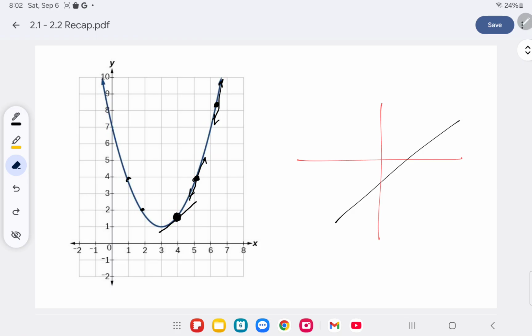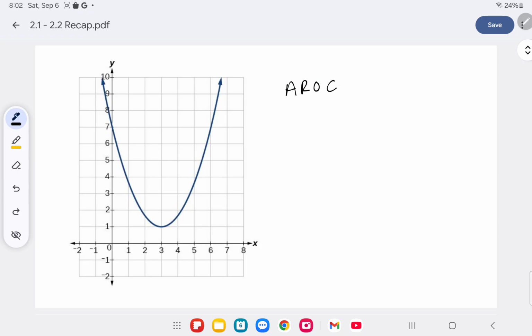Now, using what we know so far, we could find what's called the average rate of change between 2 points. Like if I wanted to find the average rate of change from (3, 1) to (6, 7), I'm just choosing 2 good points here.